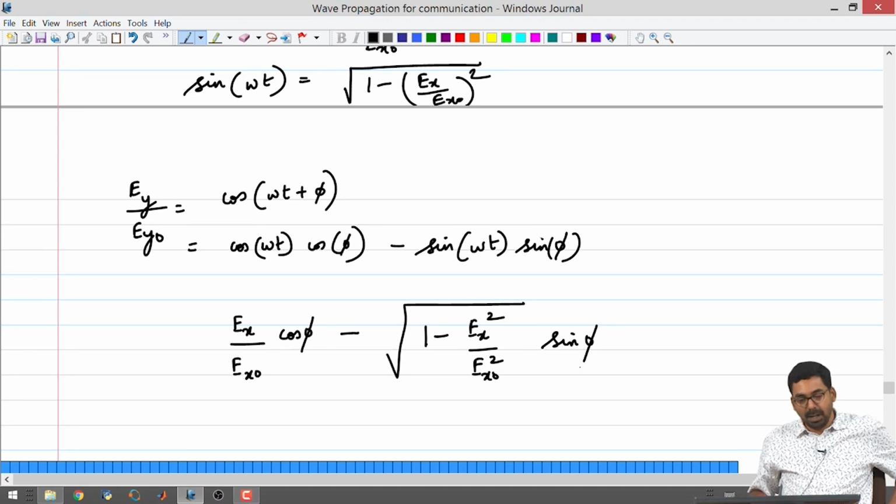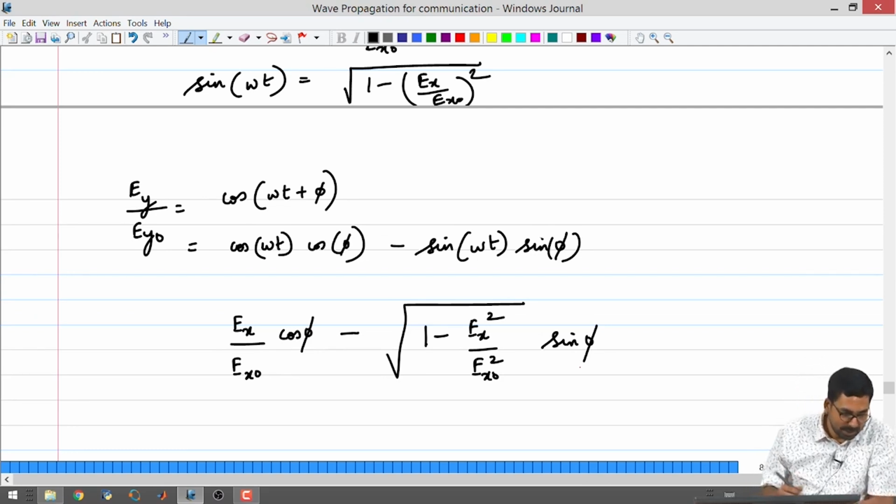Now, there are a few things that we can do. One of the things is to look at mathematical manipulations of these terms and try to see if there is some relationship between Ex, Ey, Ex naught, Ey naught, and whether we get an equation for something that we are able to follow.